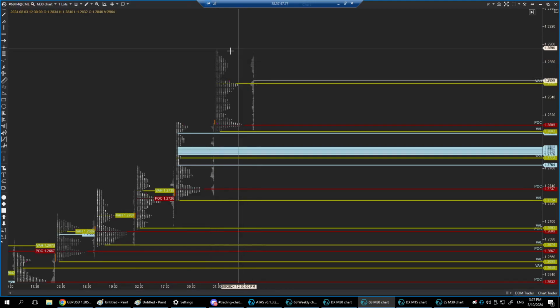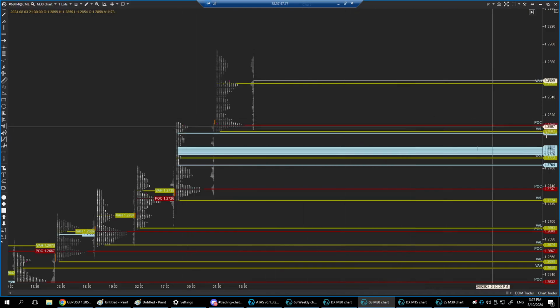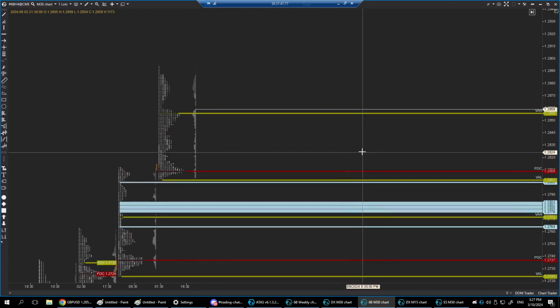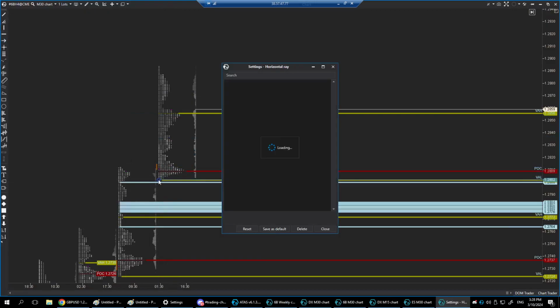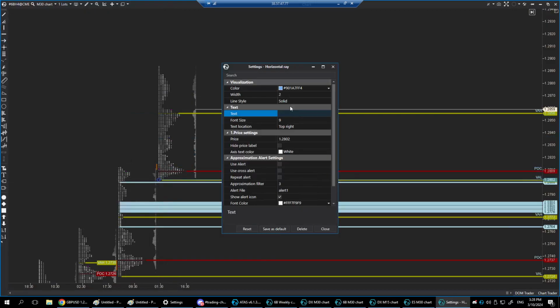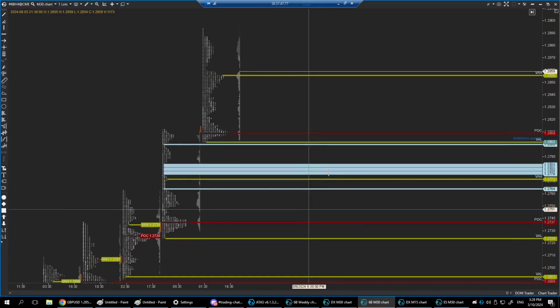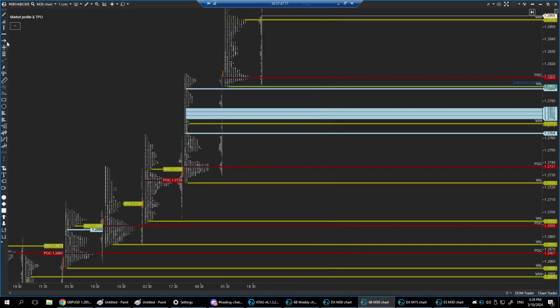Okay, so this is Friday's value area. Unfinished auction on Fridays though. Unfinished auction on Thursdays though.